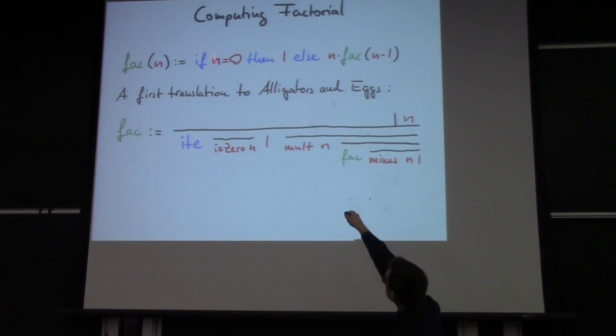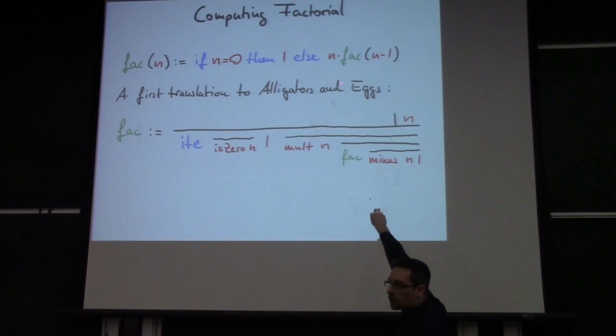So it's this if-then-else. I represent this as a single alligator family. You can see it actually eats three other families, like in a row. The first thing it eats is this condition that we use to decide which of these two cases we're going to take.